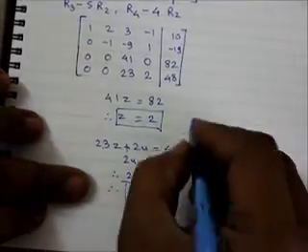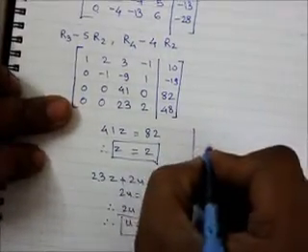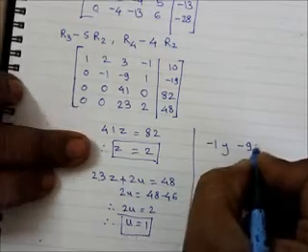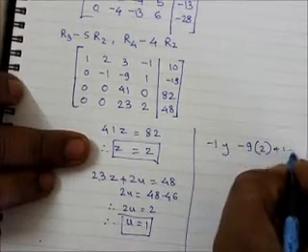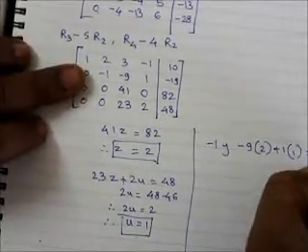Alright, now substituting these two in the one above, that's going to give you minus 1y minus 9 into z, so 9 into 2, plus 1 into bracket u, which is 1, is equal to minus 19.